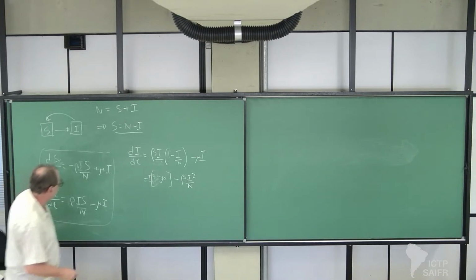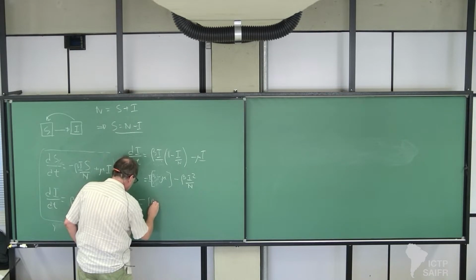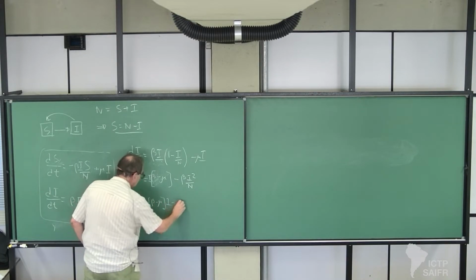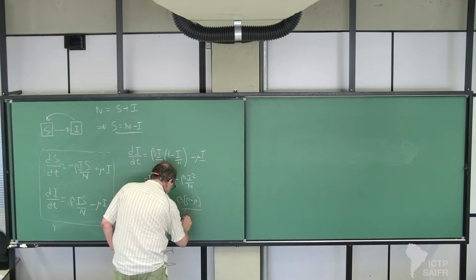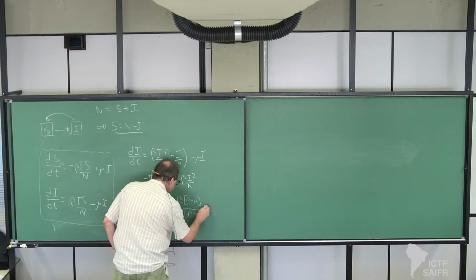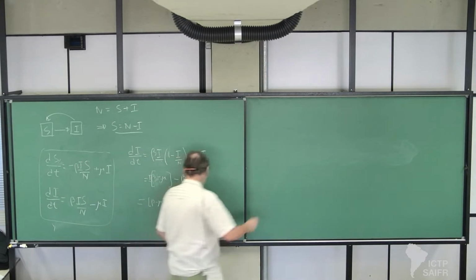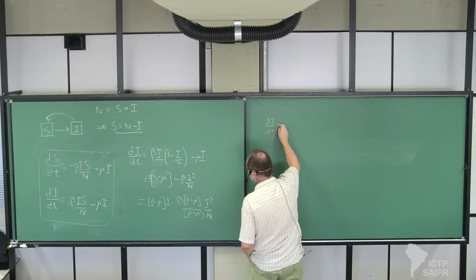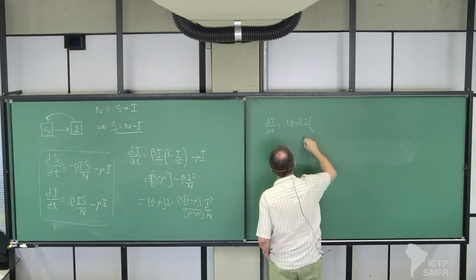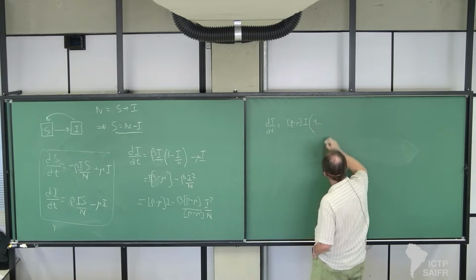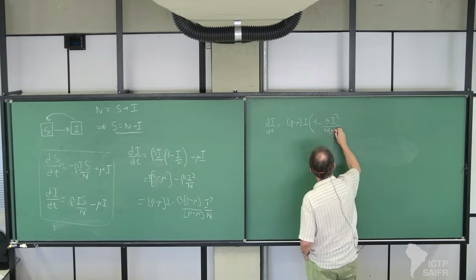So now I can rearrange this in the following way: beta minus mu times I, times 1 minus beta I squared divided by n times beta minus mu.